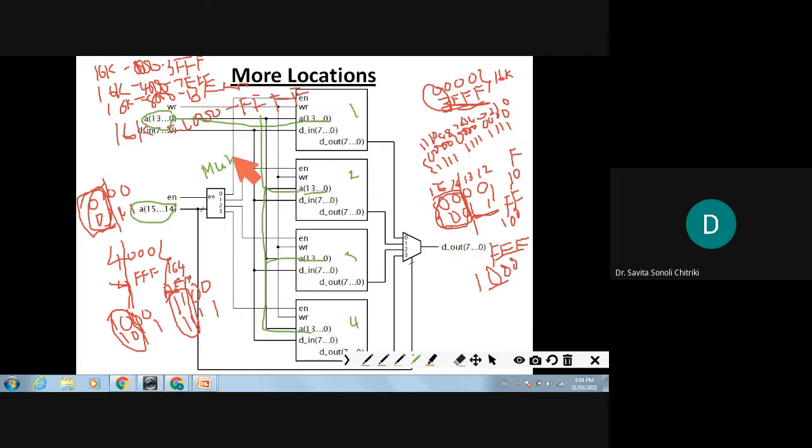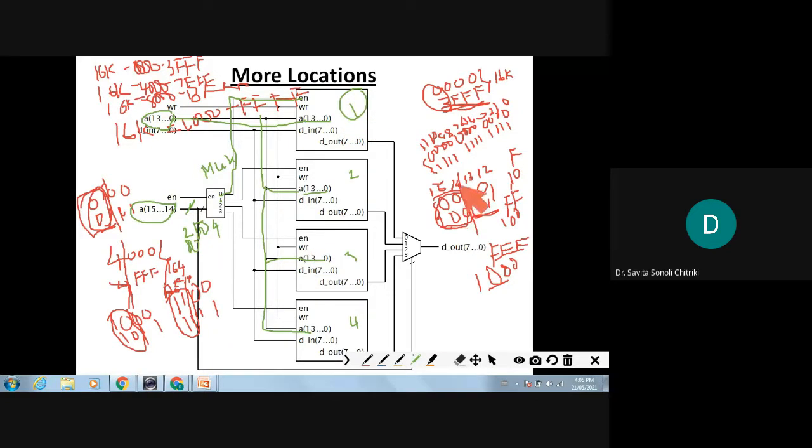What kind of mux is being used? 2 to 4 mux is being used. So when this address bus is 00, what will happen? 2 to 4, outputs 0, 1, 2 and 3. So 0 is connected to the enable of this memory. So whenever the address bus is 00, this memory is being selected.